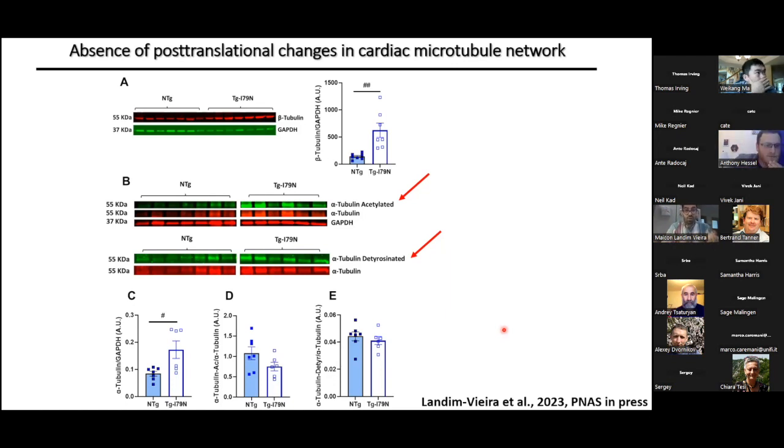And although we observed significant increases in both total beta and alpha tubulin, we didn't see any changes in acetylated or detyrosinated alpha tubulin. So, okay, these findings then support our second idea, which is that the greater stiffness that we observed in the I79N myocardium at low calcium could be due to enhanced cross-bridge population, right?